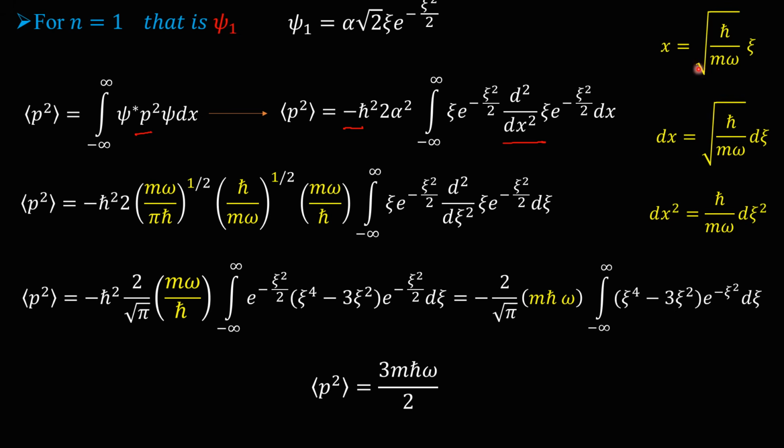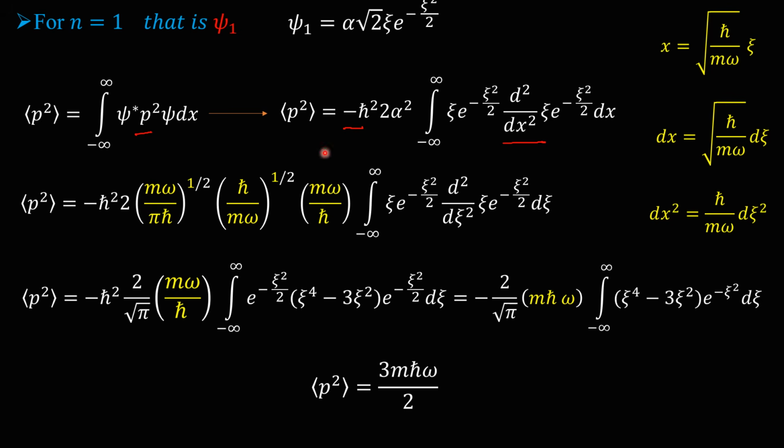So we know x is equal to this, and dx is equal to square root of ħ divided by mω dz. And if you square dx on both sides, you will get dx squared is equal to ħ over mω dz squared, as we have seen already. Now you replace all these things here.